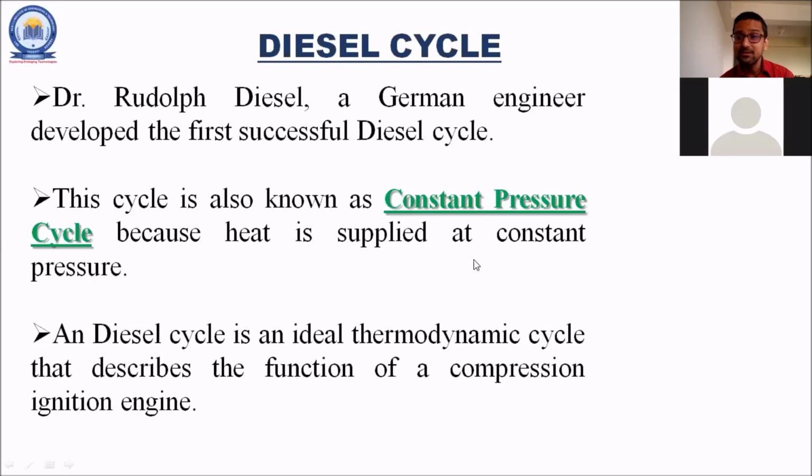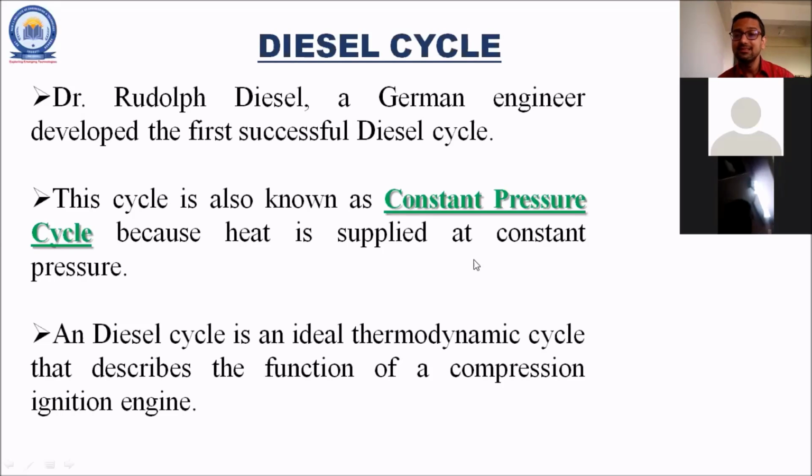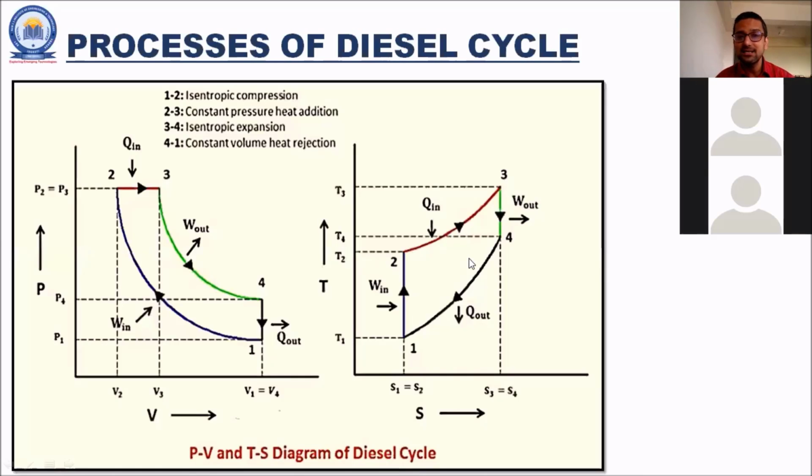At that point, I will be discussing several important concepts related to our petrol engines as well as the diesel engines. But at this point of time, you just remember that the diesel engines work on the diesel cycle. So let us proceed further with the discussion of the diesel cycle.